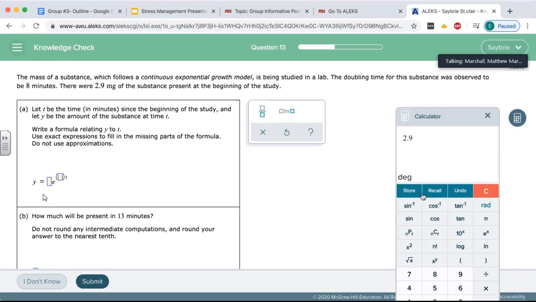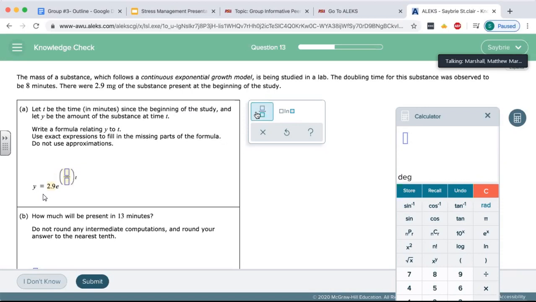So that first one, you got to do that first one, right? Yeah, so that one's going to be 2.9 e to the ln 2 over 8. Oh, no, not that one.